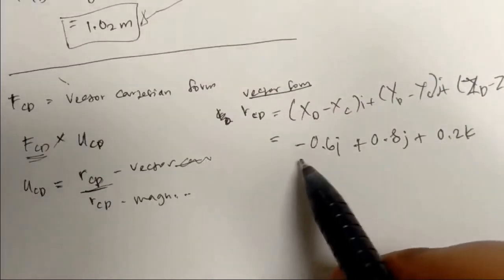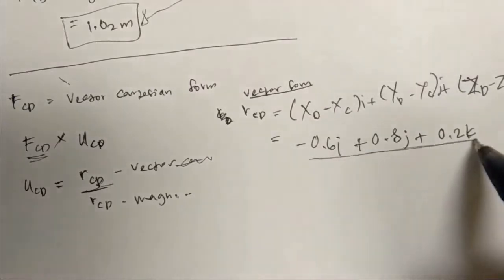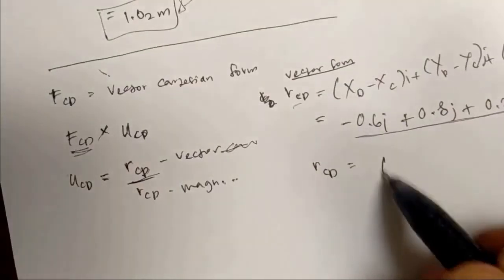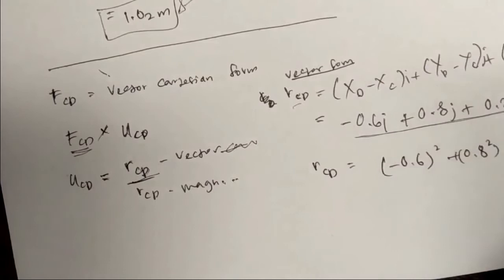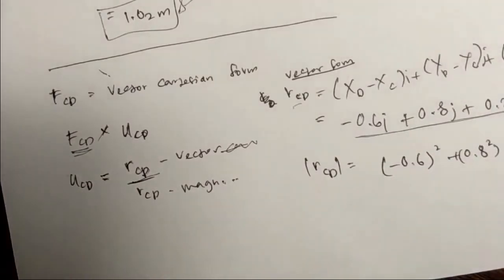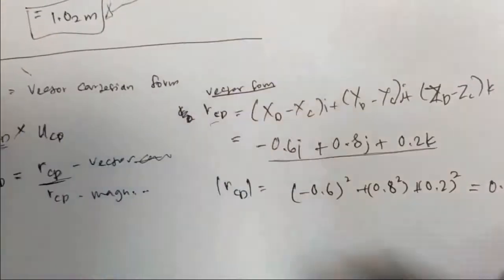Okay, so this is your Cartesian vector form for RCD. So for the magnitude, RCD is equal to 0.6 squared plus 0.8 squared plus 0.2 squared.